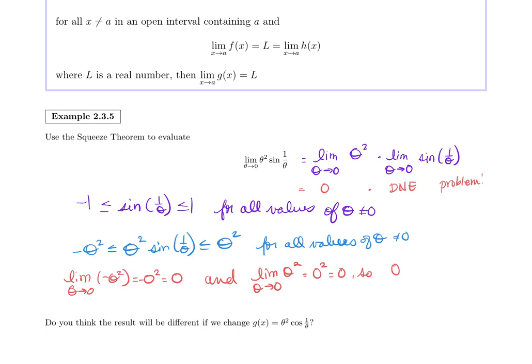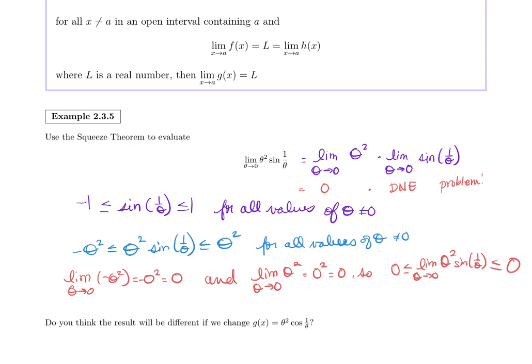So we have 0 is less than or equal to our limit as theta goes to 0 of theta squared sine of 1 over theta, which is less than or equal to 0. So if our limit has to be between 0 and 0, well, it can only be 0.